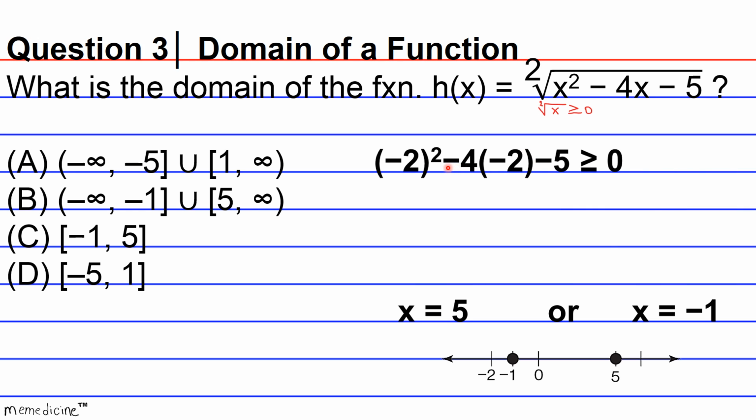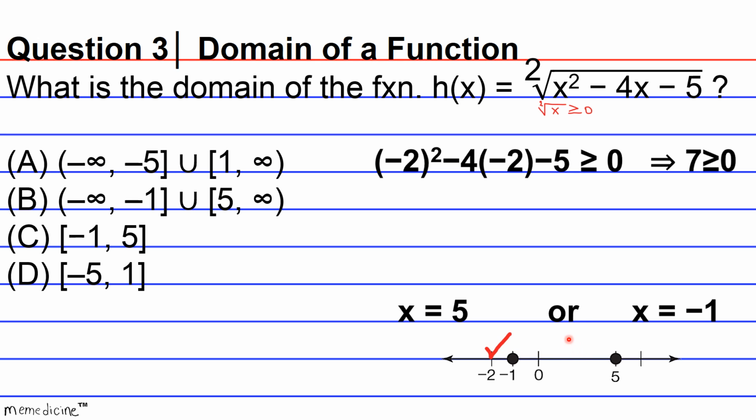So -2 squared is going to give us 4, minus a -8, that's going to give us 12, minus 5 is going to give us 7, and we get that 7 is greater than or equal to 0. Well, this in fact is a true statement. So this portion or interval is going to be included in our final result.